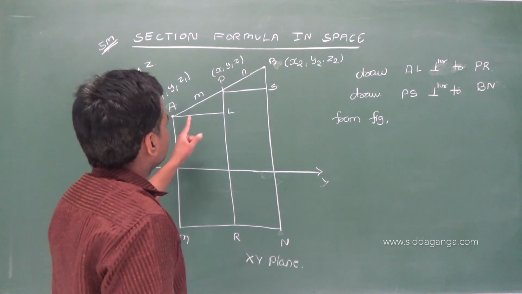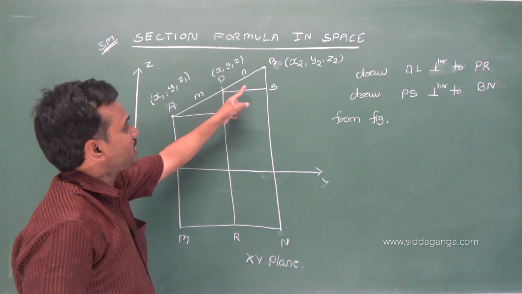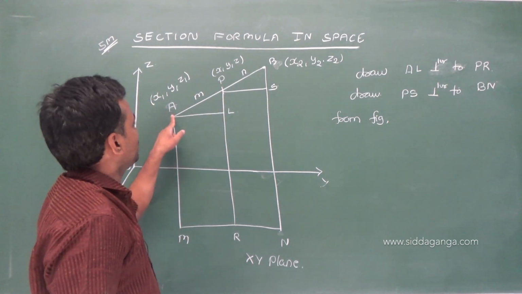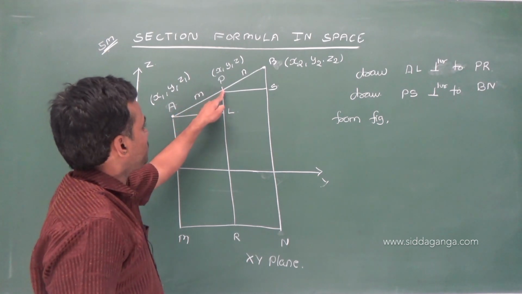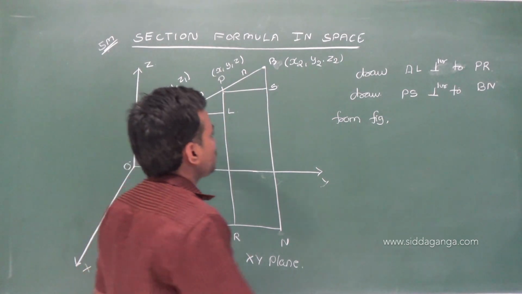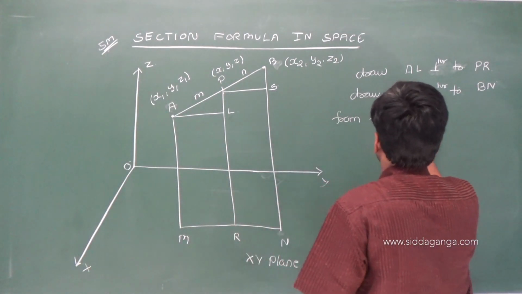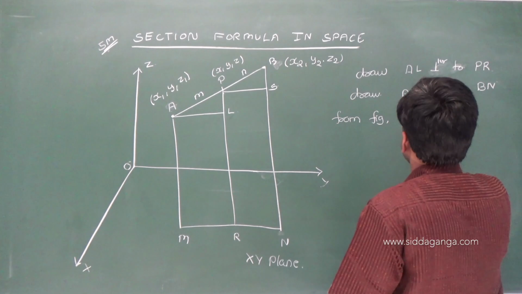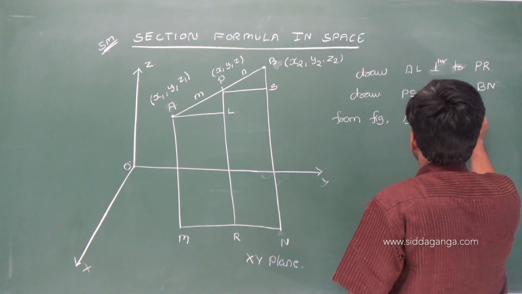From the figure, observe carefully. Two triangles are here. Triangle APL and triangle PBS are congruent.